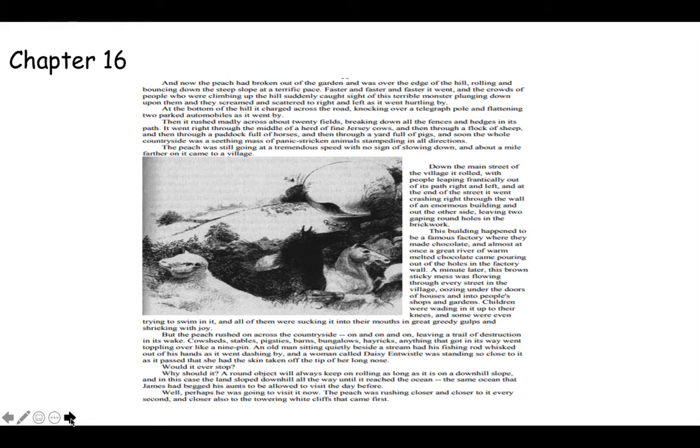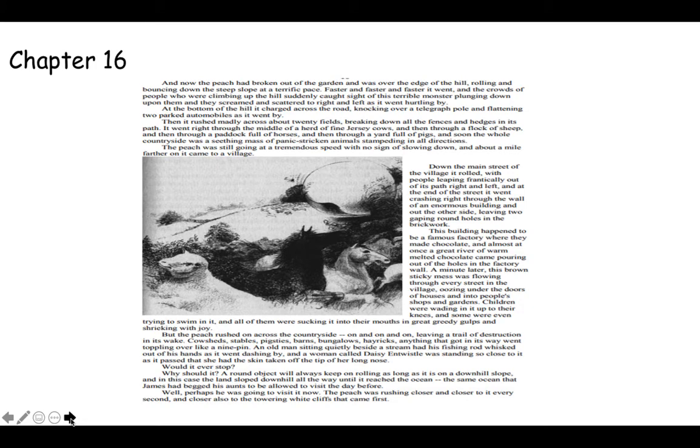An old man sitting quietly beside the stream had his fishing rod whisked out of his hands as it went dashing by, and a woman called Daisy Entwistle was standing so close to it as it passed that she had the skin taken off the tip of her long nose.